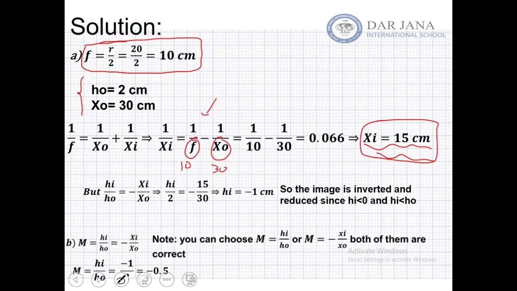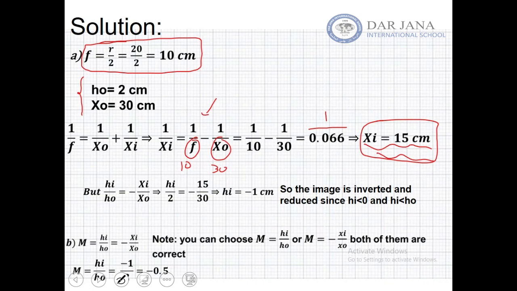This implies that xi in this case will be 15 centimeters. Again, don't forget to do the reciprocal. And the last step: finally, we'll get 1 over 0.066, of course, which is what? The reciprocal, which is this one, 1 over 0.066. Finally, we'll get xi equals 15 centimeters. Now, this is xi.